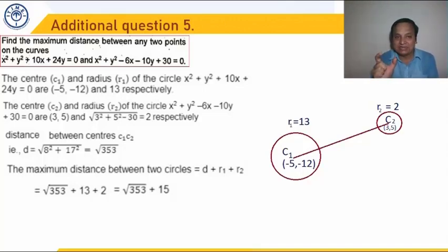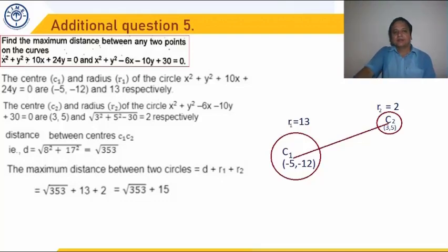If it is asking the minimum distance between any 2 points on the curve, then it would be D minus R1 minus R2. That is the closest point on the two circles. So maximum distance is D plus R1 plus R2. We get the farthest point. Please remember this. It's a good equation. Closest, minimum distance between 2 points on the circles is D minus R1 minus R2.